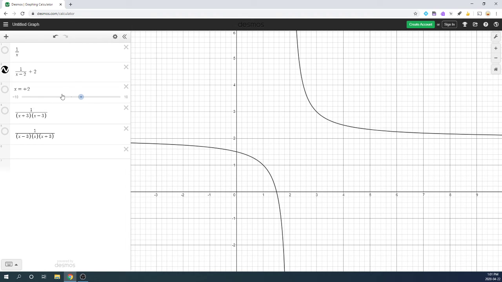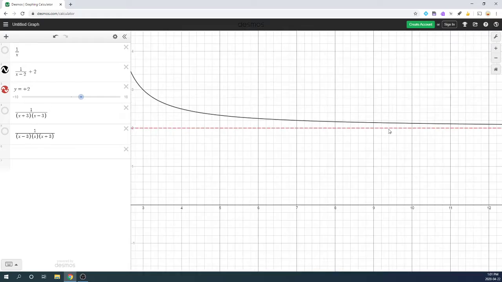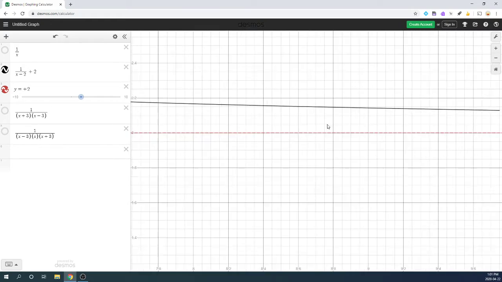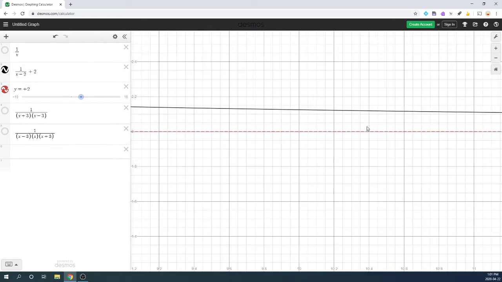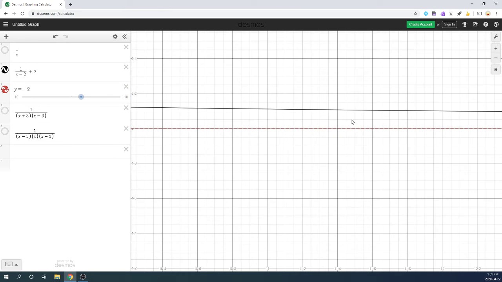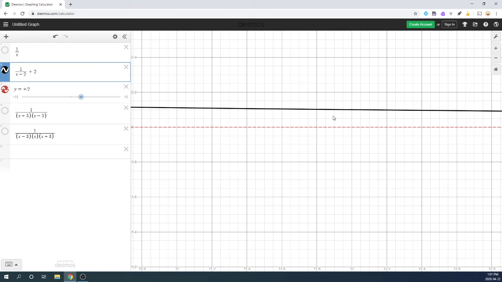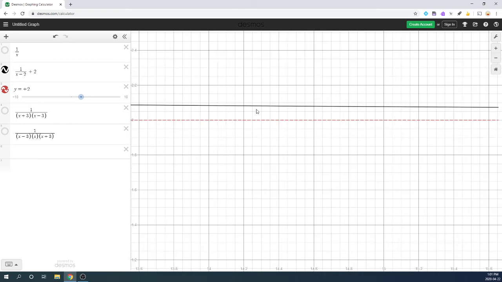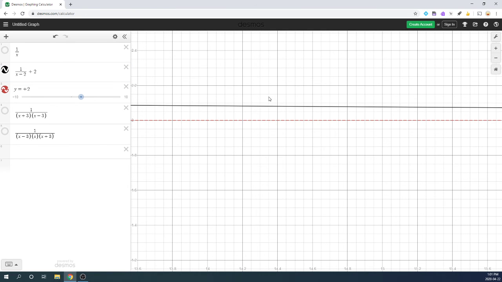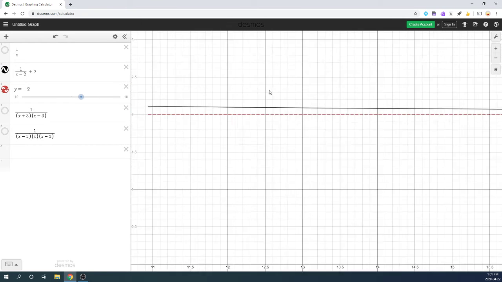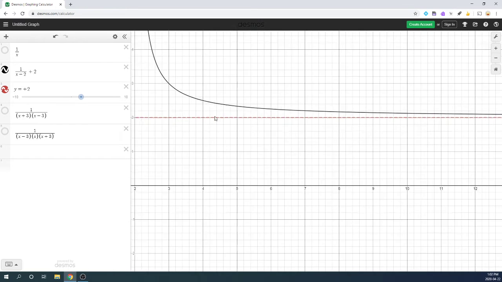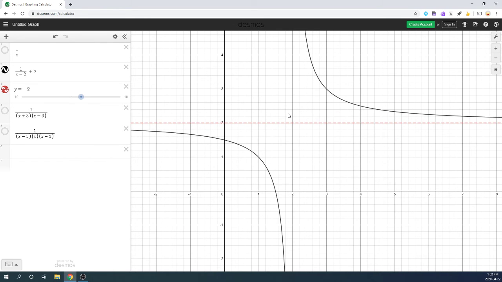And so now the horizontal asymptote would be y is equal to +2. And I want to reiterate that our graph approaches this line, but as we move further and further into positive x values, at this point we're at 11, it approaches but never quite touches that line y is equal to +2. That's a kind of definition of an asymptote.